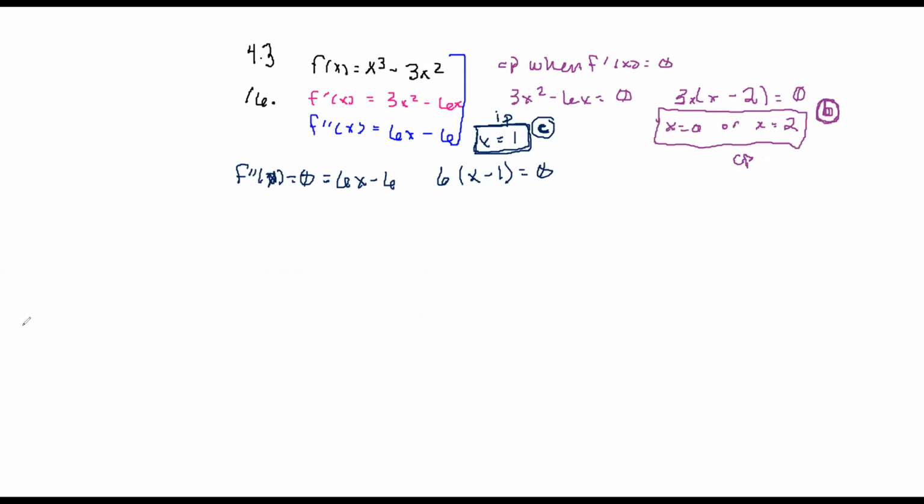So what we're going to do is we are going to need to find what the original f of these critical points is. What is f of 0? F of 0 is going to be 0.